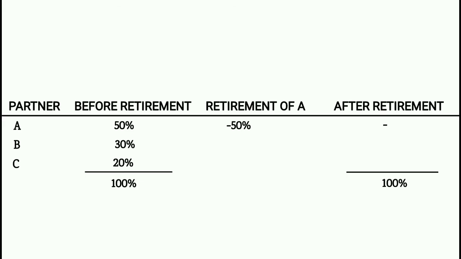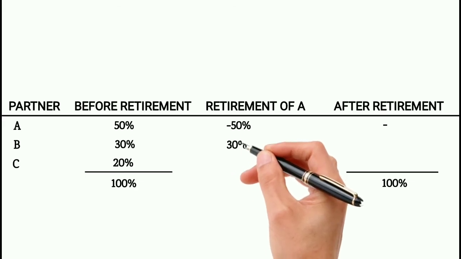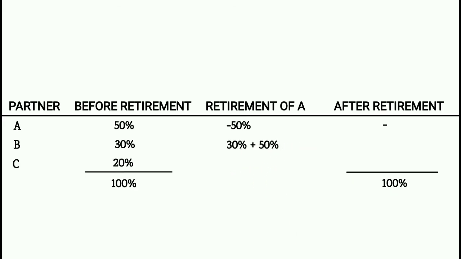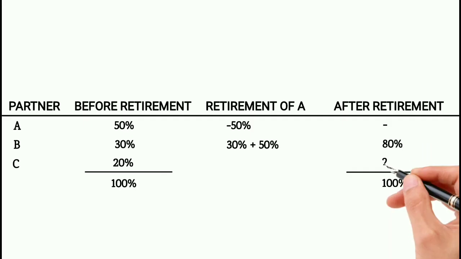Since binili ni partner B yung interest ni partner A, idadagdag natin yung 50% sa 30% ni B. Therefore, after retirement, ang profit or loss ratio ay 80-20. 80% for B and 20% for C.